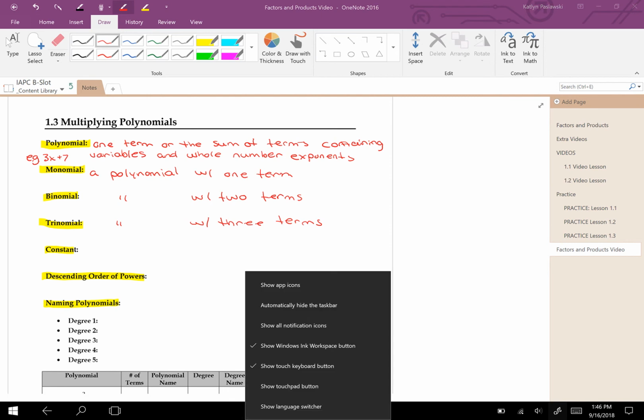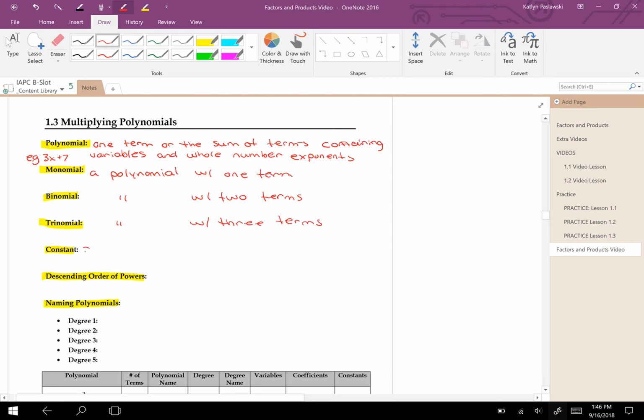And here we have a constant, so that's a number that doesn't change and is not attached to a variable.